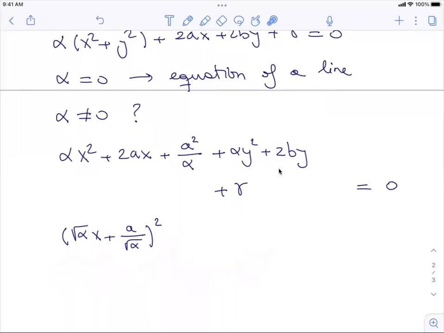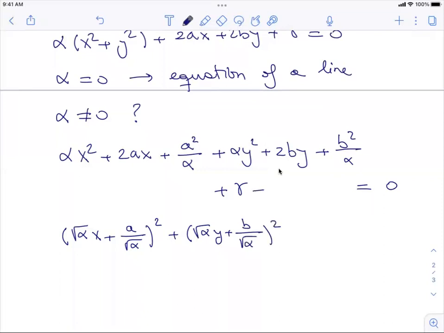Everything good. Here similarly, we have plus b squared over alpha, which gives plus square root of alpha y plus b over square root of alpha, all of it squared.